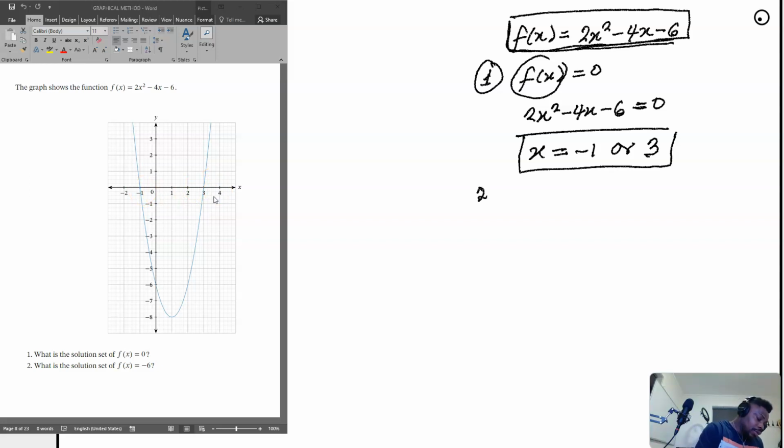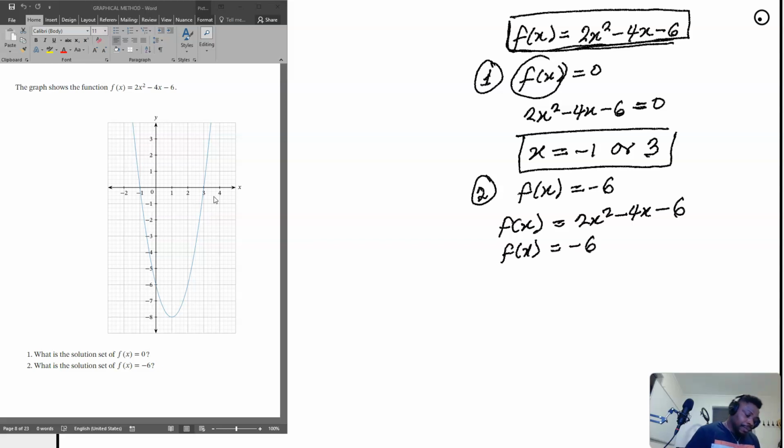Now, question 2. We're asked to find f of x is equal to -6. Now, what is f of x itself? F of x is 2x squared minus 4x minus 6. And in this case, they said f of x is equal to -6.